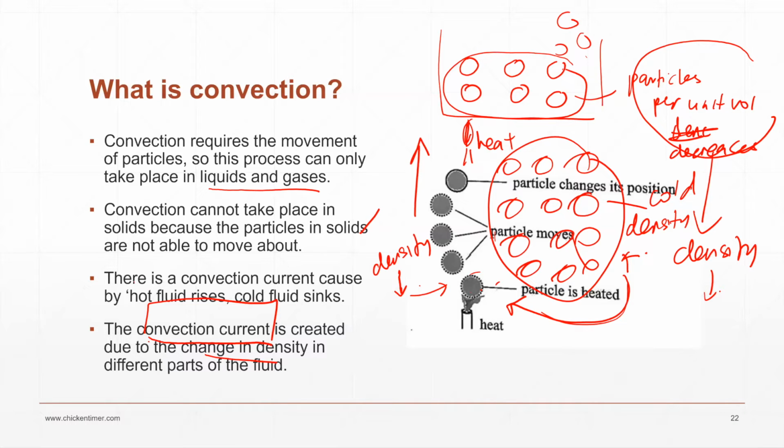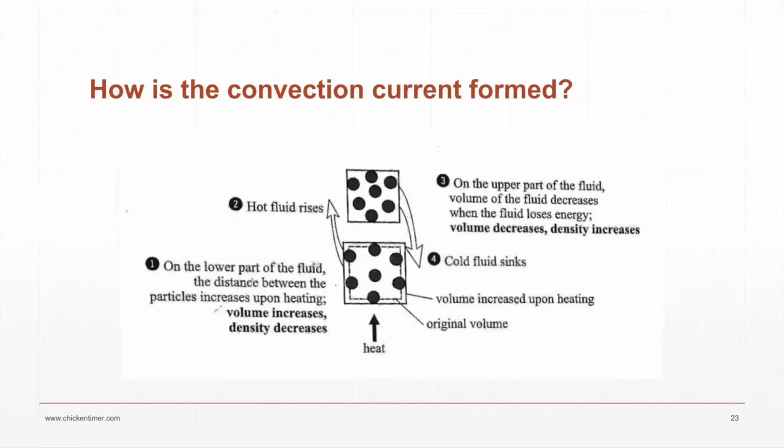Then some people will say hot fluid rises and cold fluid sinks. That's what I was describing just now. So the more detailed one is here, so you can have a look at this. When it's heated, the distance between particles increases.